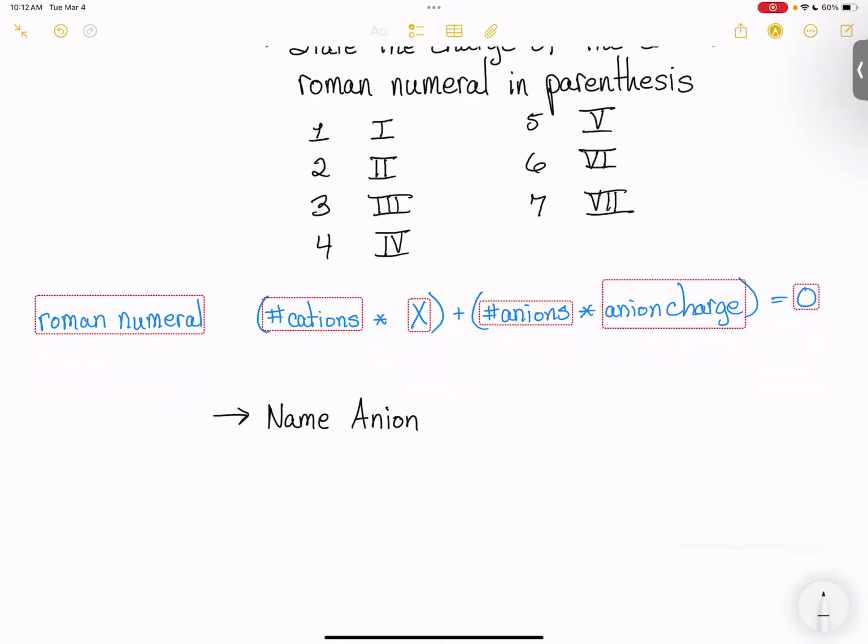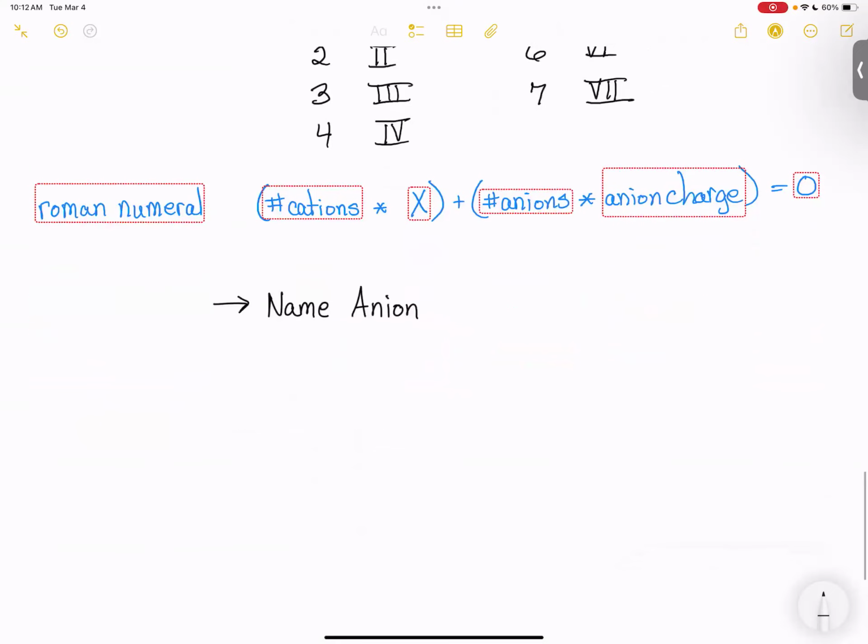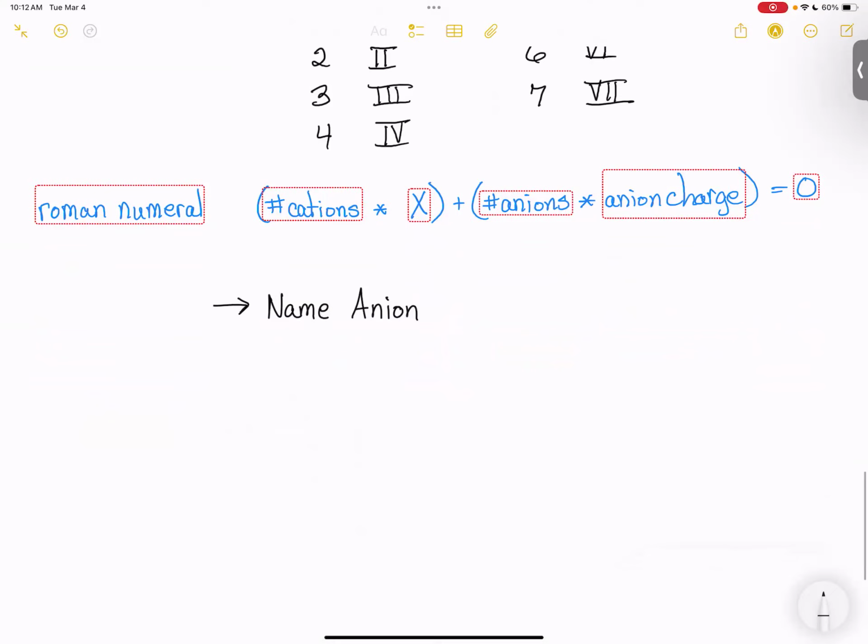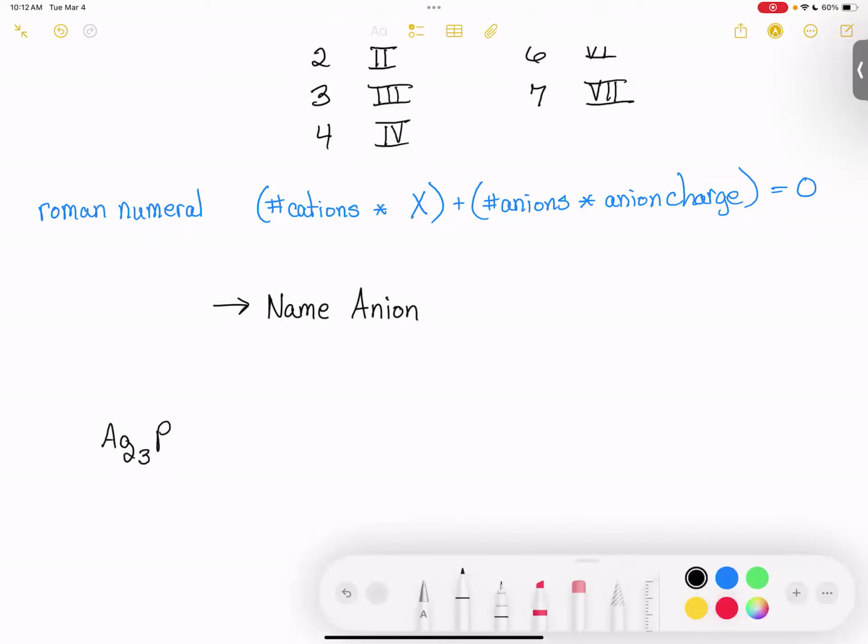Let's look at all this in action. Let's take Ag3P. The question that you're asking is, does the metal have a constant charge or not? Was it one of the ones I gave you?